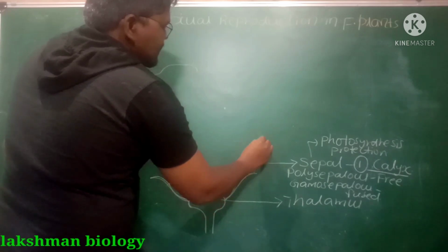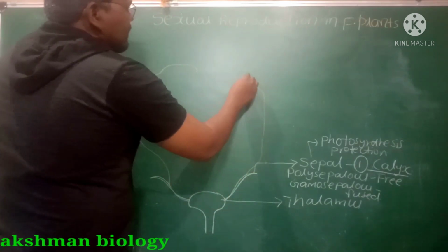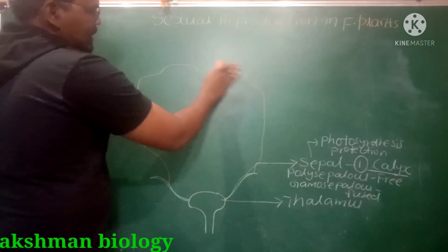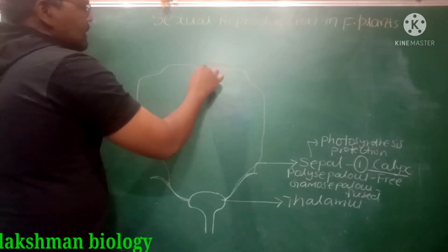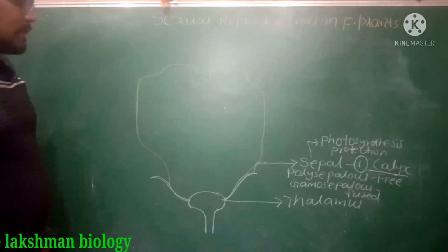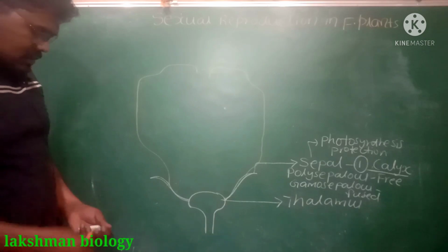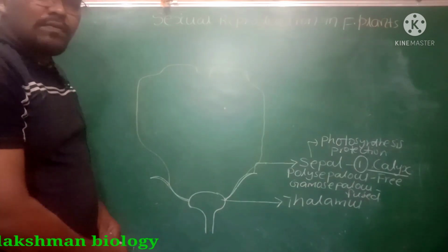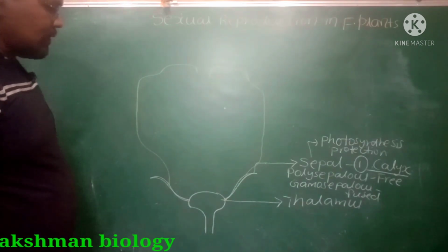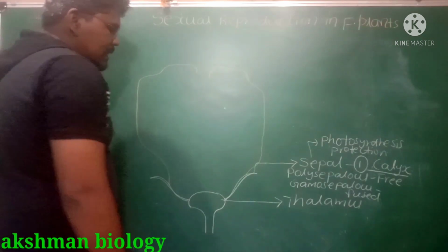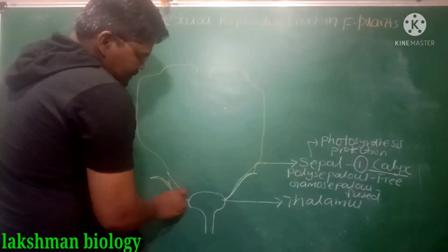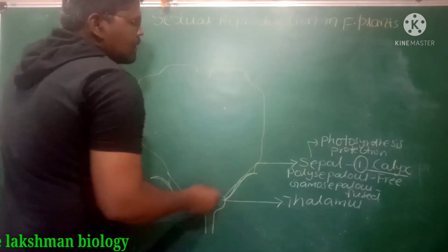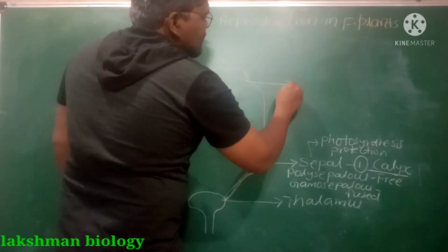See, for more understanding, I am drawing the cross section of a flower. It is a cross section. See, the brightly colored structures that are used for attraction of insects for pollination are called petals. This is the petal.